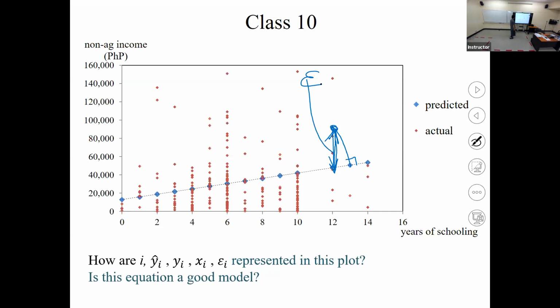It doesn't look so good, but there is a significant relation. But this x alone, this education variable alone, doesn't explain much. Although there is a statistically significant relationship, that means you have to consider many other things as well.